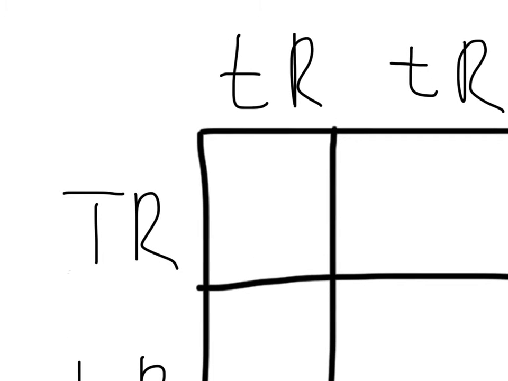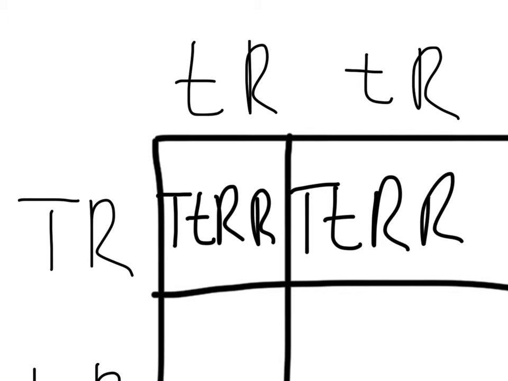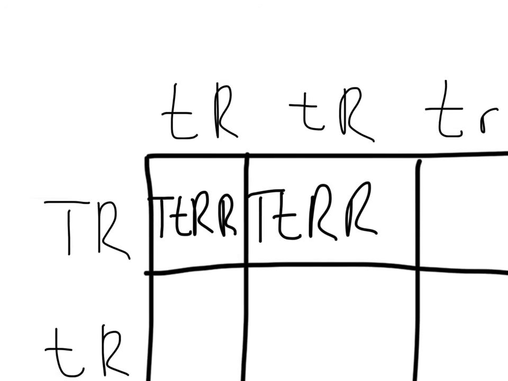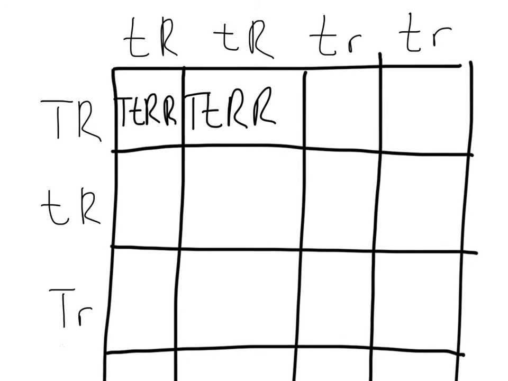So now to fill in each of these squares, we're going to take this T and that T, and then this R and this R. And now we're going to do the same thing in this box, where we take this T and that T, and then R, R. And we're going to go ahead and do that for every box. So, big T, big R, little r.